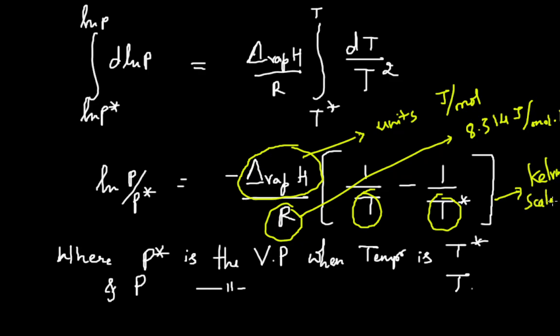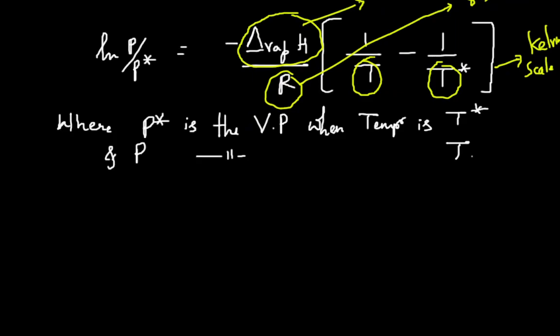So that's the whole thing. So this is your Clausius-Clapeyron equation.